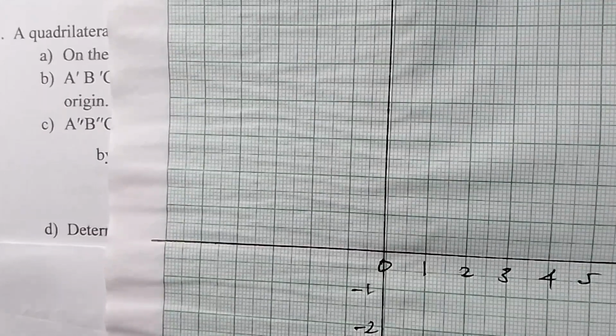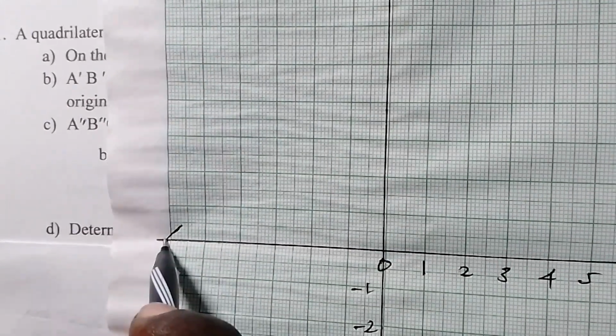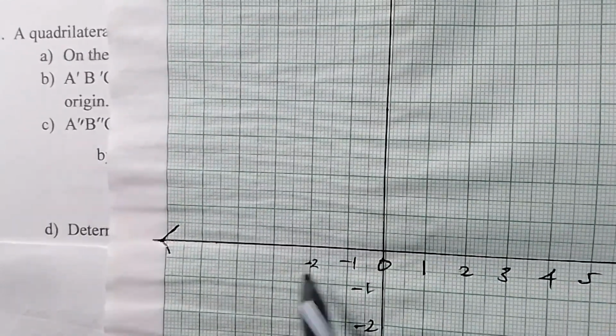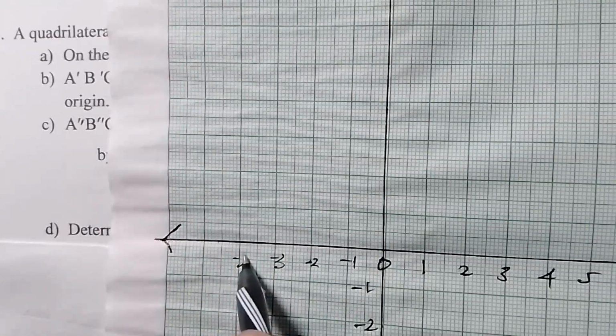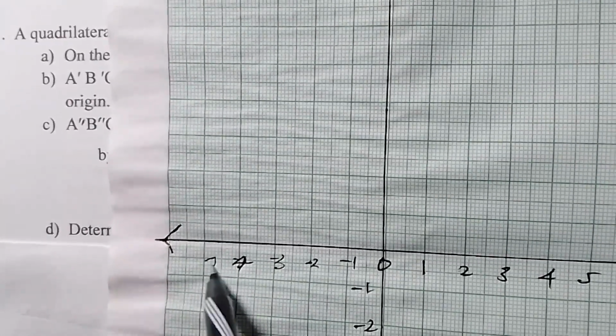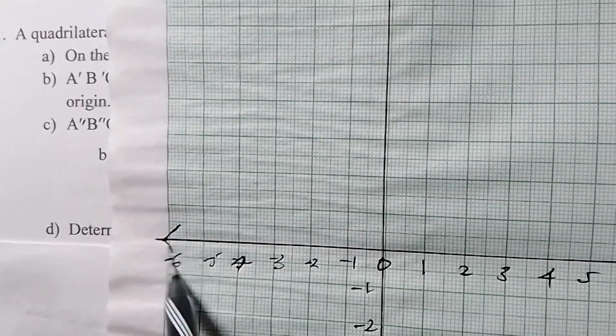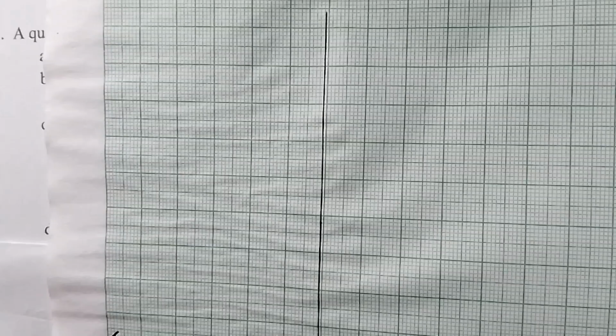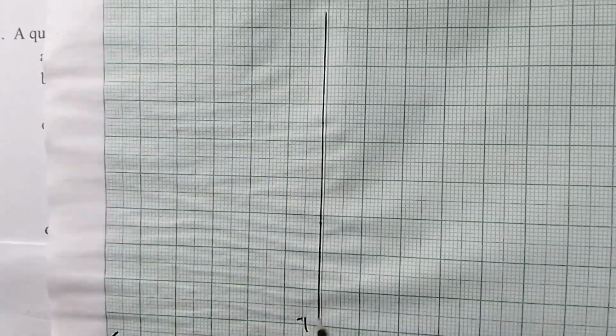On the y-axis again, we can label from -1 to -6, and up to 7.